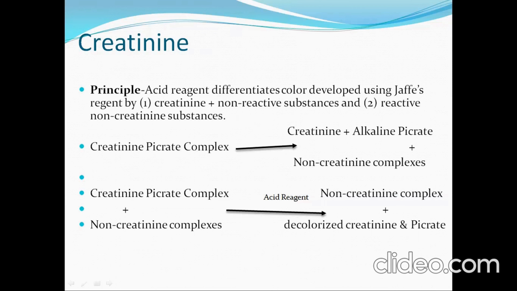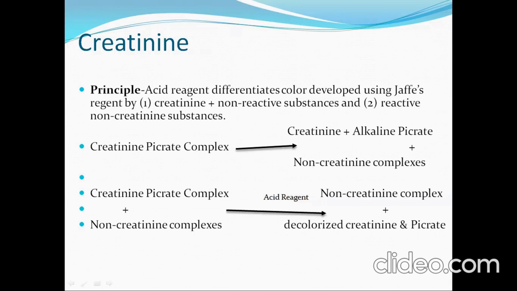Creatinine. Principle behind that, the acid reagent differentiates the color developing using Jaffe's reagents. One, that is creatinine plus non-reactive substance, and second, that is reactive non-creatinine substance. Creatinine picrate complex gets converted into the creatinine and alkaline picrate plus non-creatinine complex.